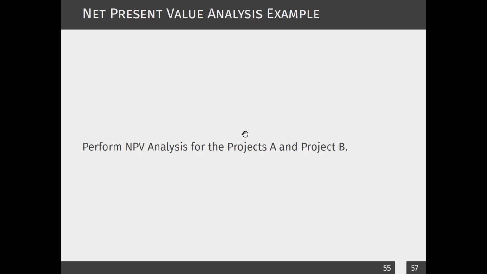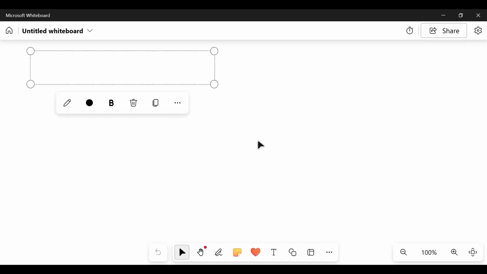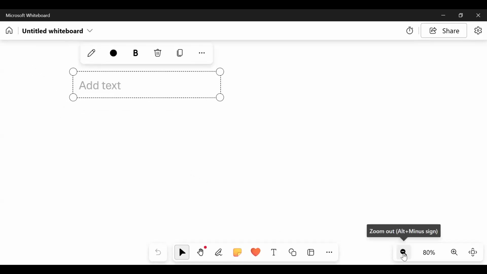Now I'm going to share my whiteboard and let's start. Ready with your values. This is how you need to prepare the values.